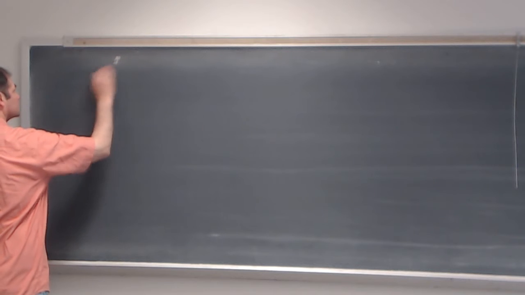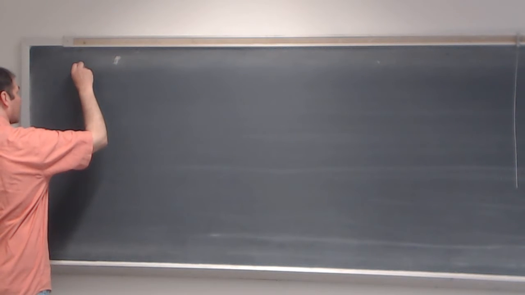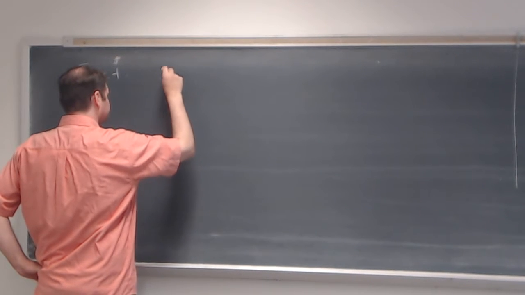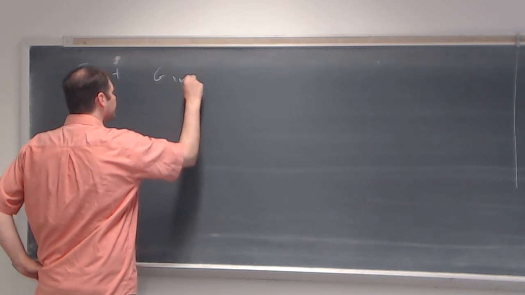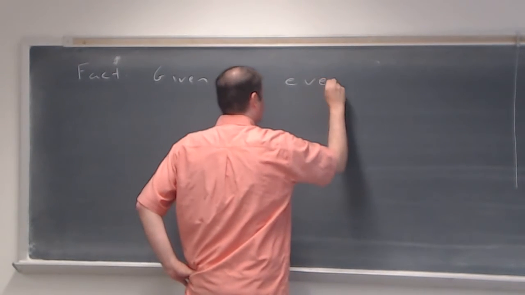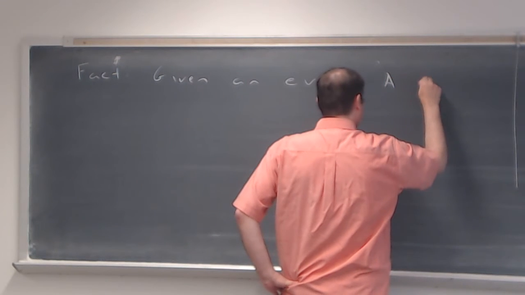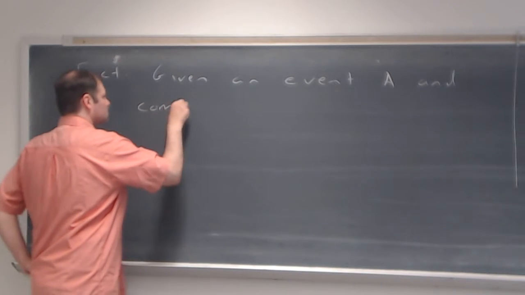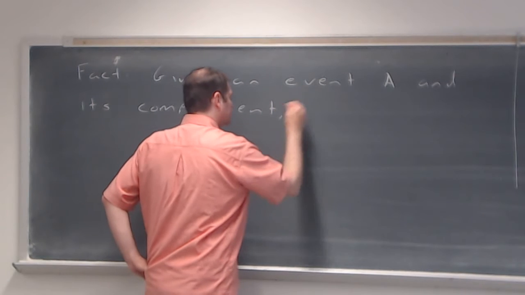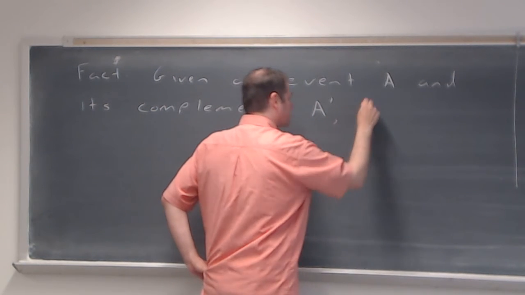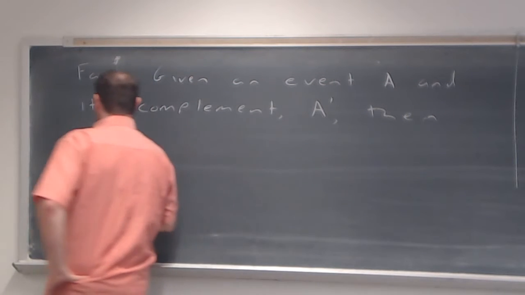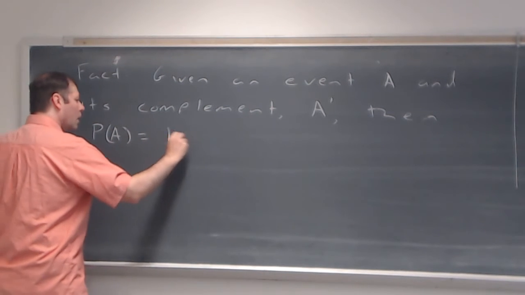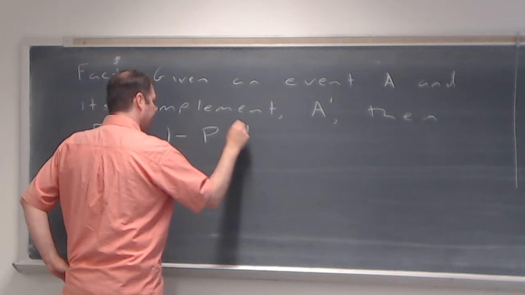Some facts about probabilities. The first one is, given an event A and its complement, A prime is the complement, then the probability of A is equal to 1 minus the probability of A complement.